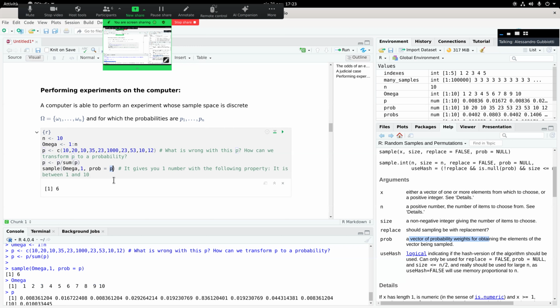So what does this p do? It simply says that this sampled number is equal to omega e.